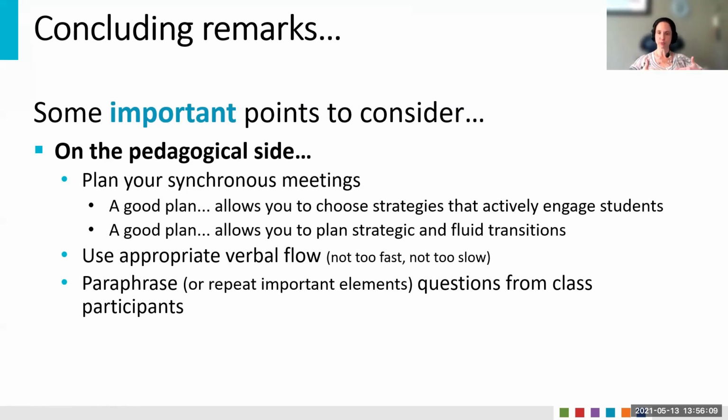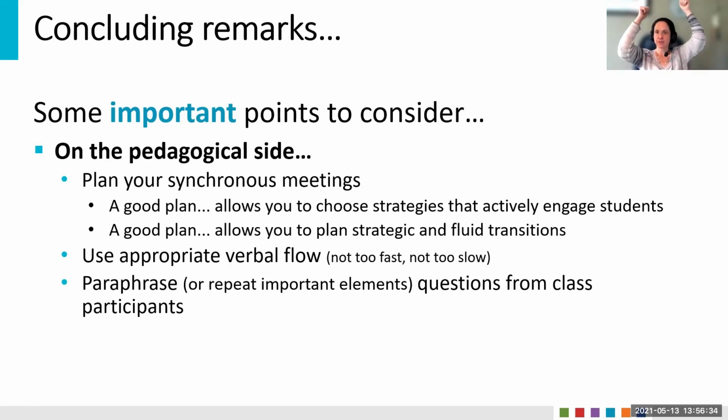So the students in the front row, sorry, that's the other way around. You have the students in the back who are at a distance, and the students in the front, they're your students in class. Students in class, you can hear them, but the students in the back can't hear them. So you want to make sure that for the students in class, you paraphrase, you repeat their question or their comment.